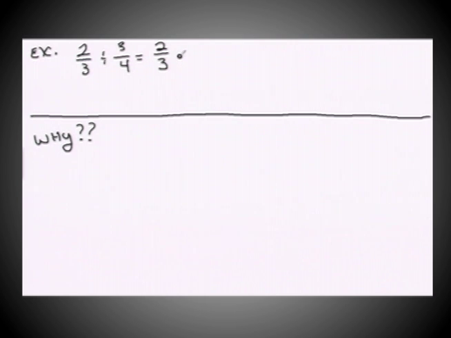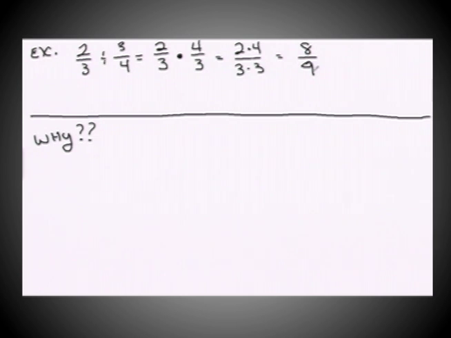We change to multiplication of the reciprocal of the divisor. So I'm going to flip that second fraction and make that 4/3. So now we're back to good old multiplication of fractions. Multiply the numerators, multiply the denominators, and we get 8/9 as our resulting fraction.